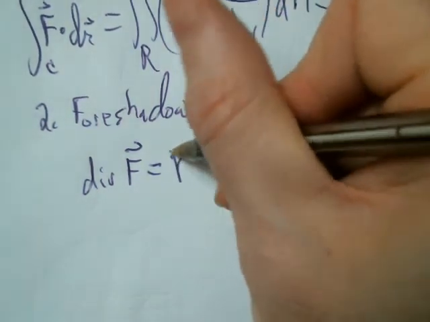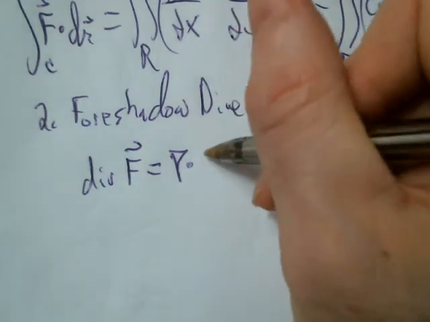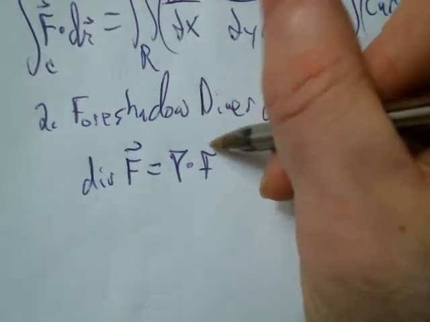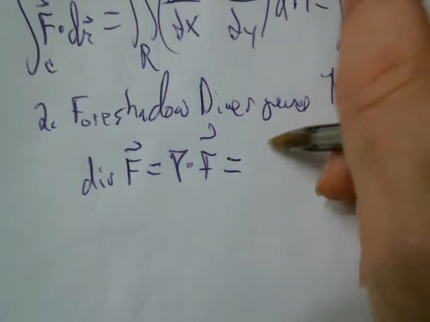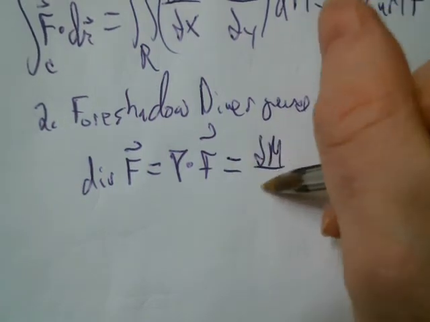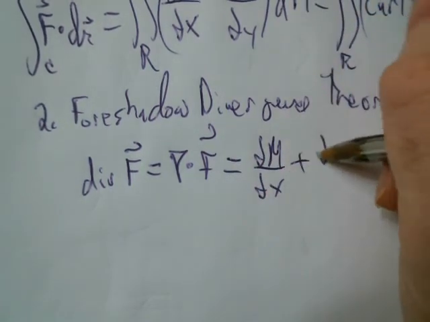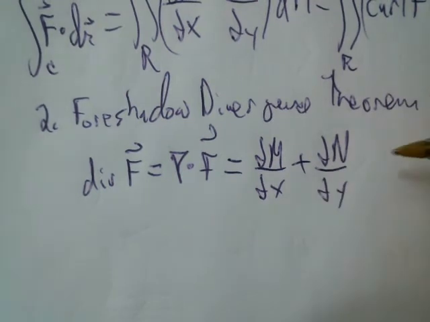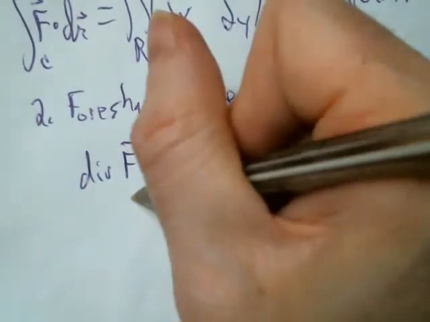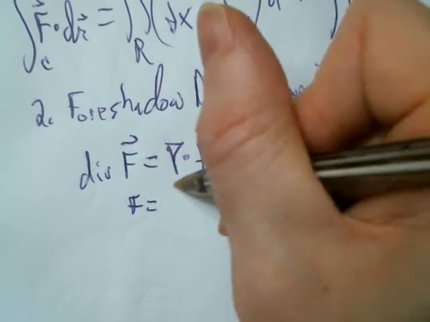They notated it with this symbol dotted with F, and that would be equal to the partial of M with respect to x plus the partial of N with respect to y, assuming F is just M, N as opposed to M, N, P.